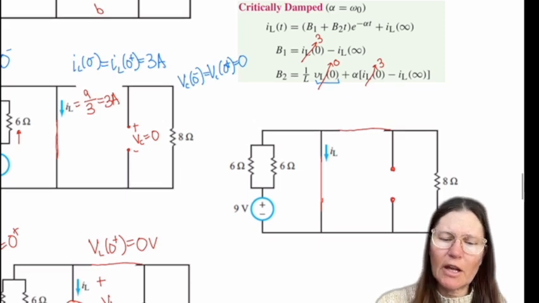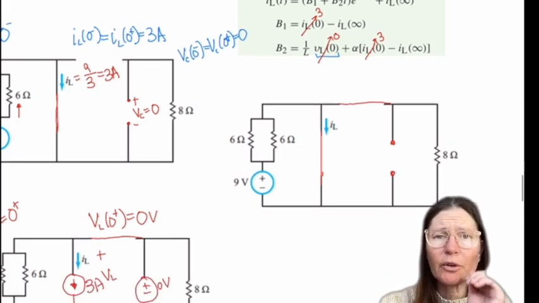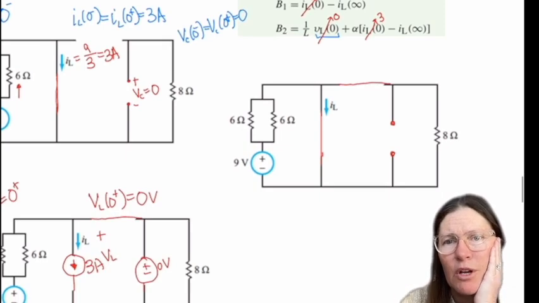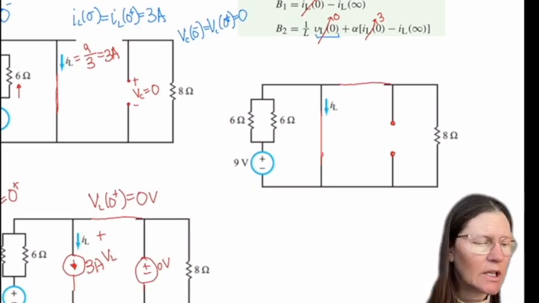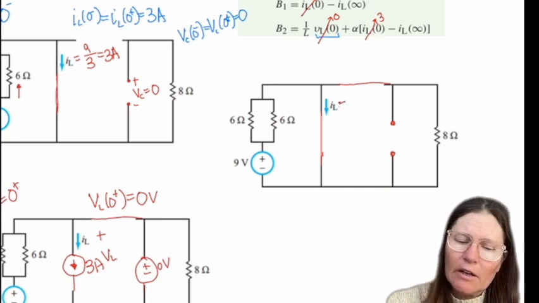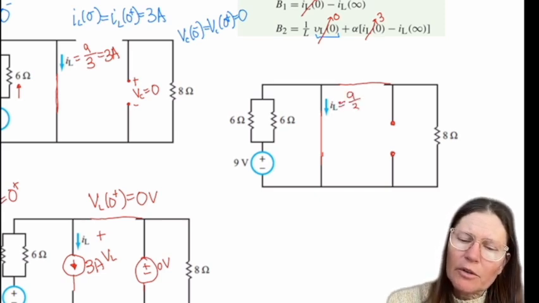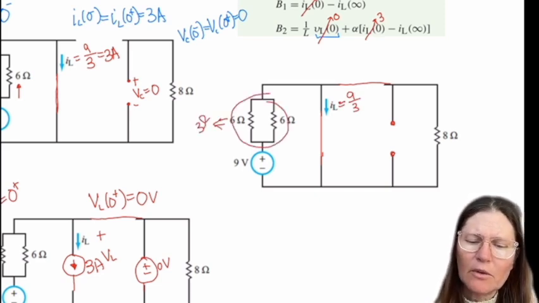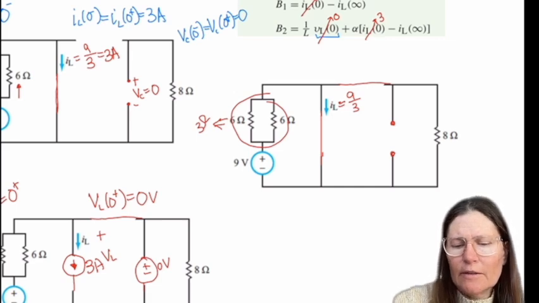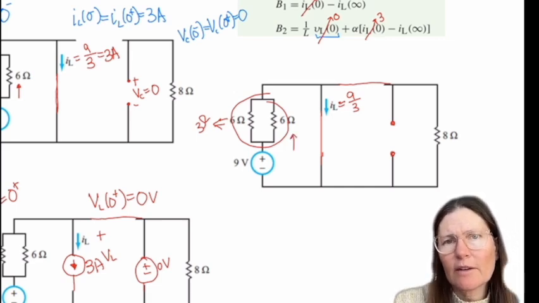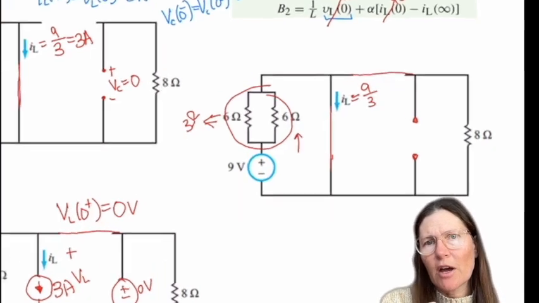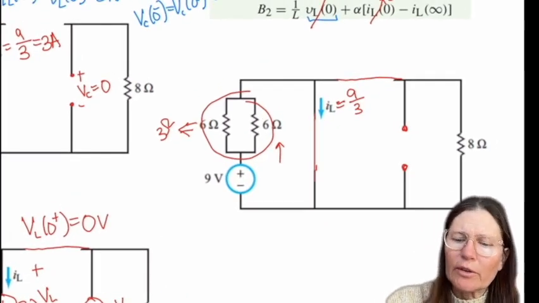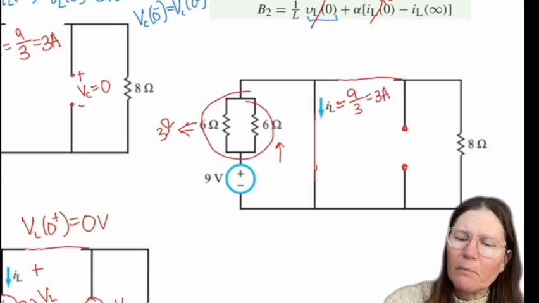So to find IL here, you can see that it shorts the 8 ohm resistor. So again, we're going to get that IL infinity is 9 over 3. Again, these equivalents is 3 ohms. And the current's going to still go that same direction to follow the direction of the IL labeling. So this is going to be 3 amps again.